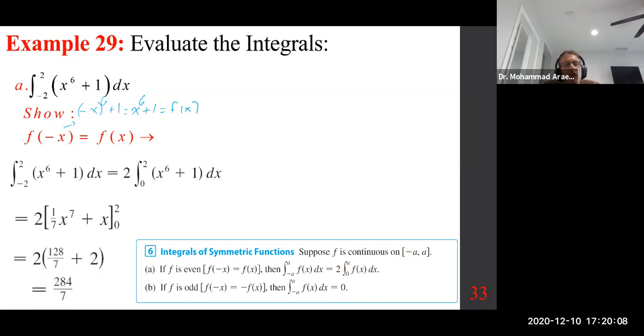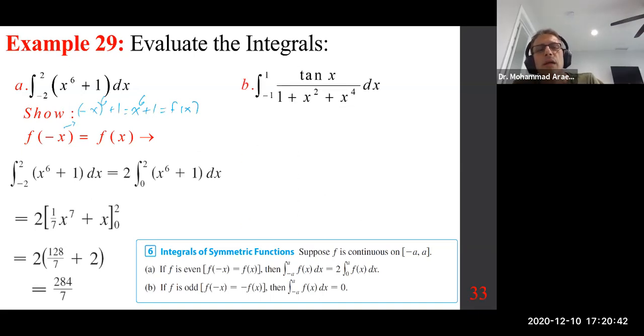I'm assuming we have no problem with the integration, 1 over 7 x to the power of 7 plus x, and then you do the math, okay? So when you have an even function, evaluation from negative a to a is a tad more difficult. Then you go with 2 times 0 to a if it's even, and it's much faster.